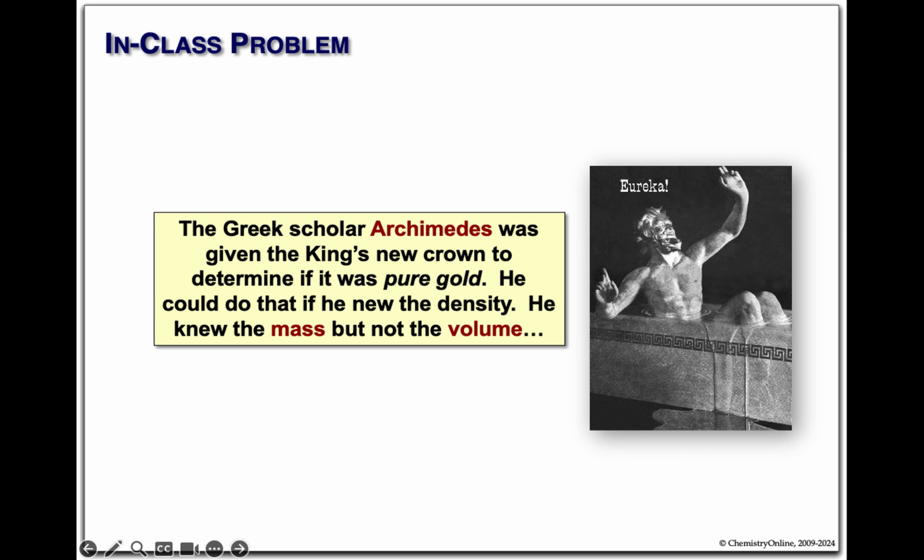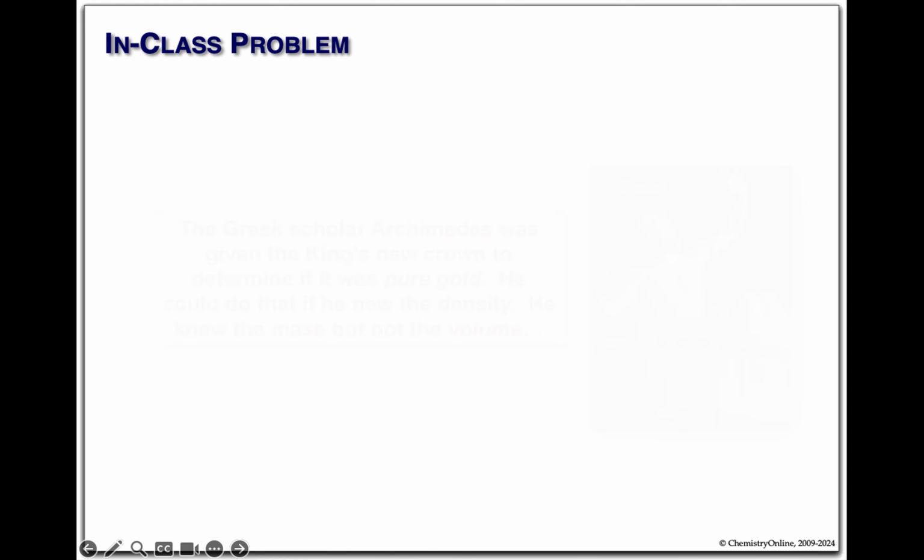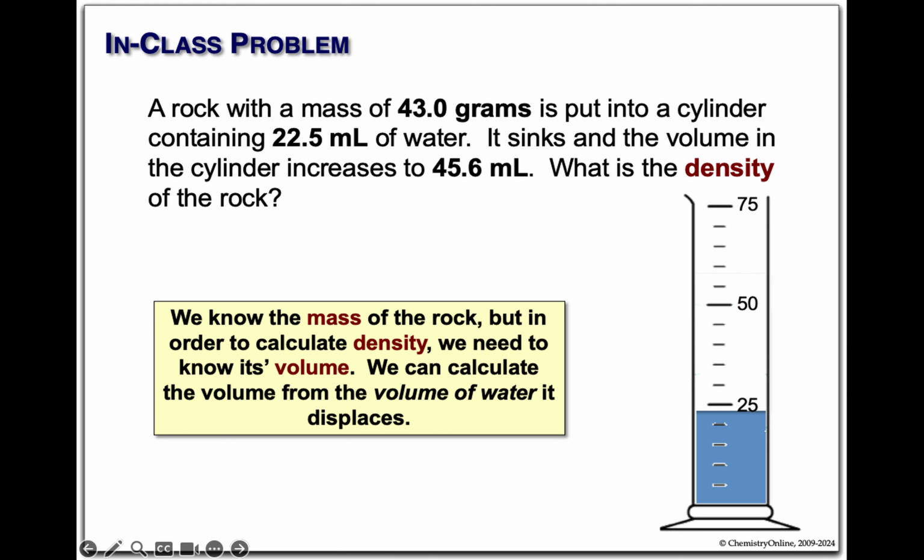What happened was his body displaced the water from the tub, and it ran over the side. Water displacement. We take the crown, stick it in a known volume of water, the level will rise. That's the volume. You're going to do the same thing, except with a rubber stopper so you don't break the glassware.